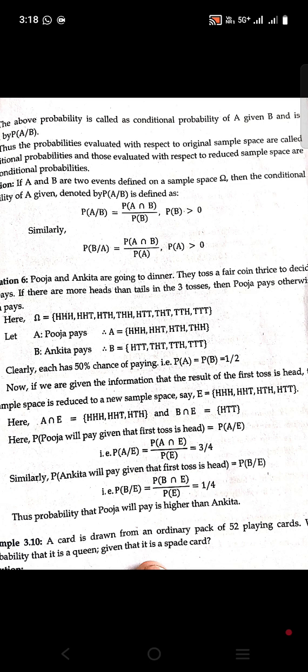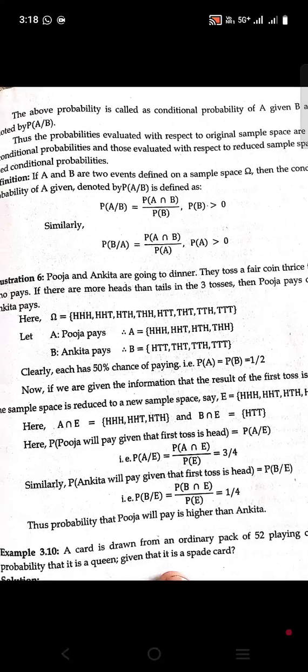So the new sample space E has a total of 4 favorable outcomes.